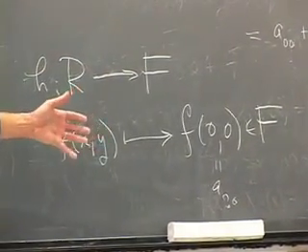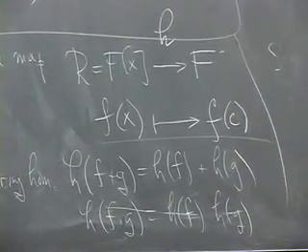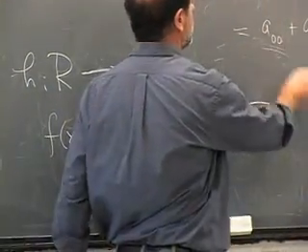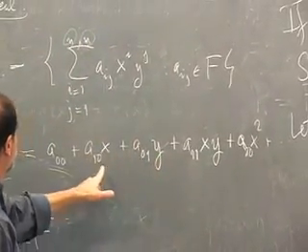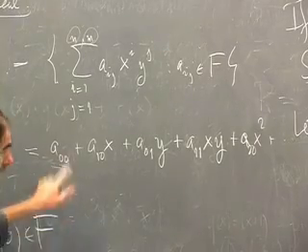I claim that's a ring homomorphism, for the same reason that evaluation of a polynomial in one variable is a ring homomorphism. You add two polynomials, you add their values at 0. You're just adding these constant terms. If you multiply two polynomials, it's a complicated operation, but the one thing that's simple is you multiply their constant terms. So that's a ring homomorphism.